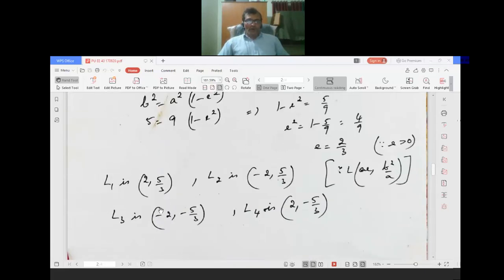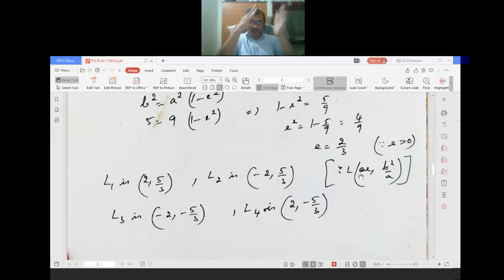Now the formula for the ends of the latus rectum is plus or minus ae, comma, plus or minus b squared by a. So there are 4 ends of the latus rectum: L1, L2, L3, L4.